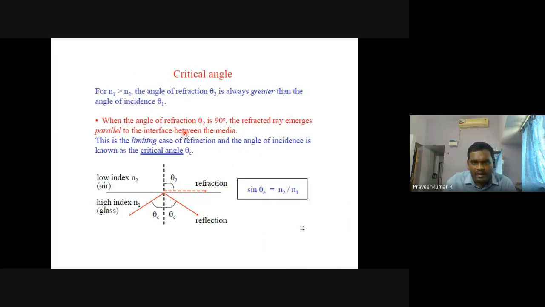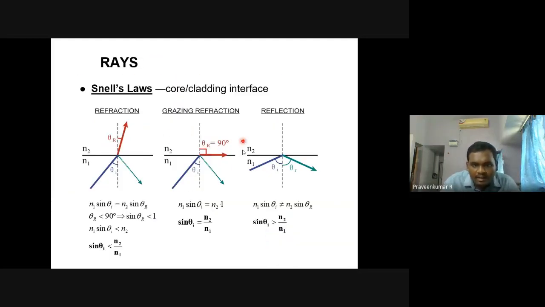And next we have the critical angle. You can see here the idea behind the critical angle. If this is the incident ray with angle theta I, and this is the refracted ray with angle theta r. If the refracted angle theta r makes 90 degrees with respect to the normal line, that is the critical angle.